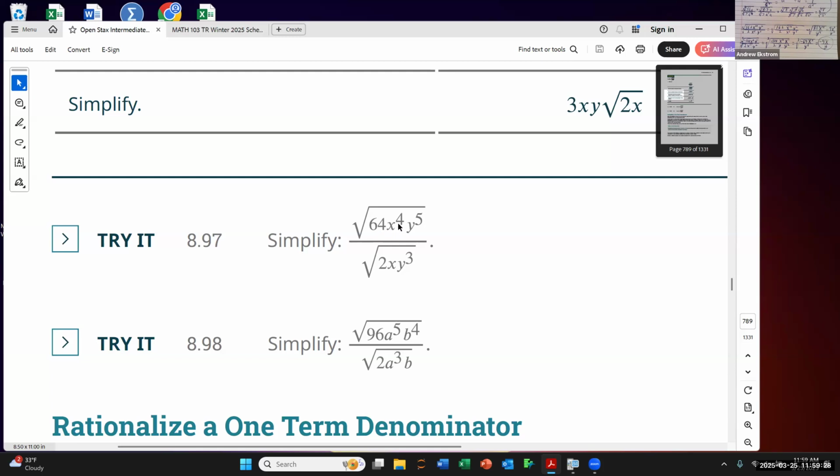Square root of x to the 4 is x squared, square root of y to the 5th is y squared, square root of y. Maybe we can use that, maybe not. We put it all under the same radical. We can do the same process we've been doing, and we will eventually get there.